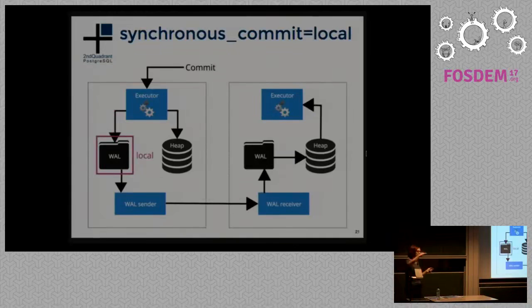The second is a bit higher, going to a higher level of synchronous replication. So the minimum was off, and now it is local. What does it mean? We can be sure that it is on the local disk of the machine. So it's written here, but this level stops here.